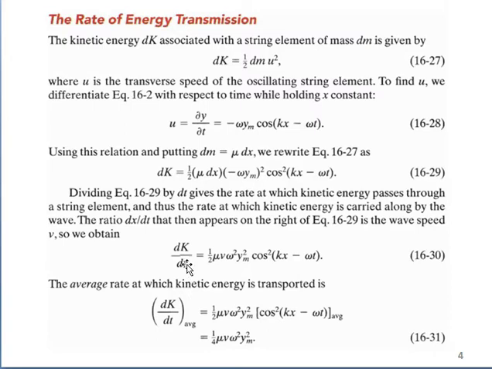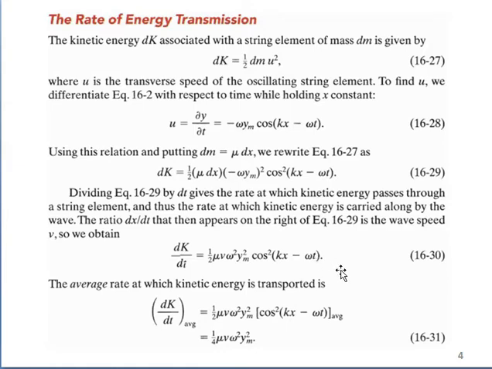It will be equal to half mu dx divided by dt, because the rest of the things are constant. So we will have dx by dt, and that dx by dt is actually v, the speed of the wave, into omega square ym square, and this is cos square (kx minus omega t).